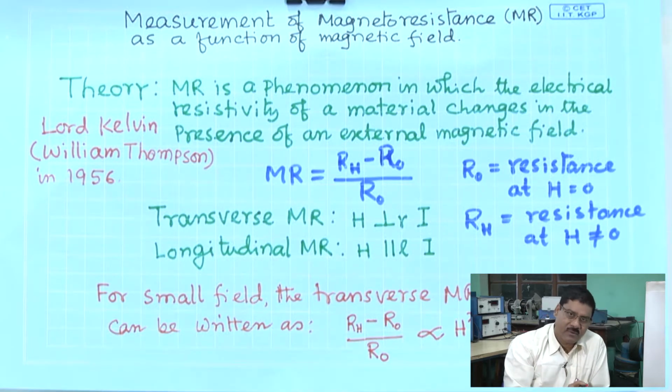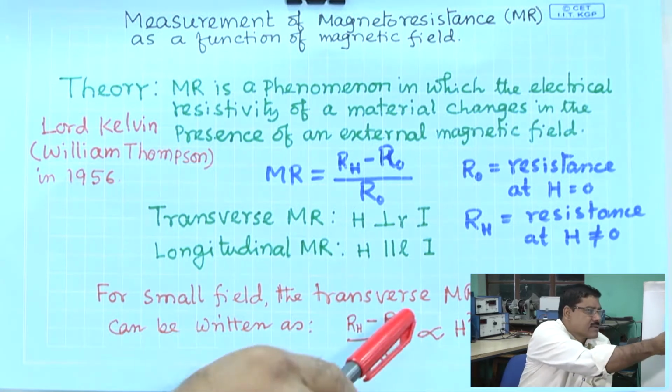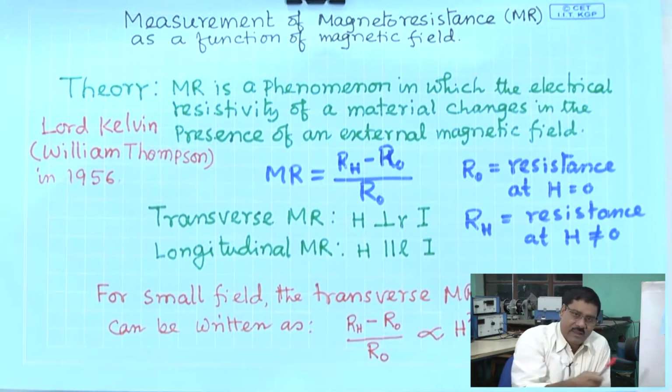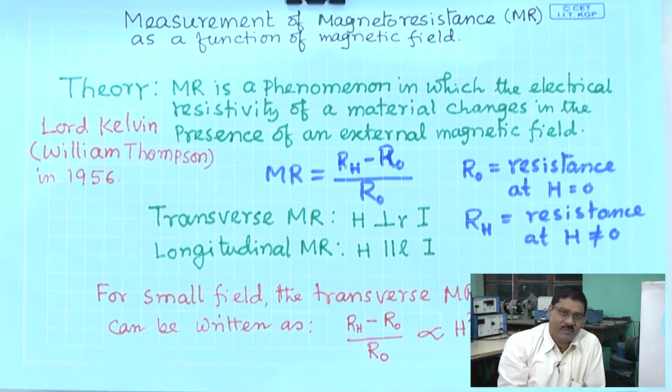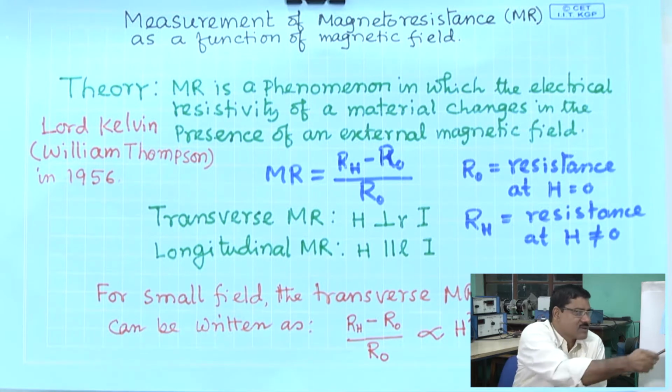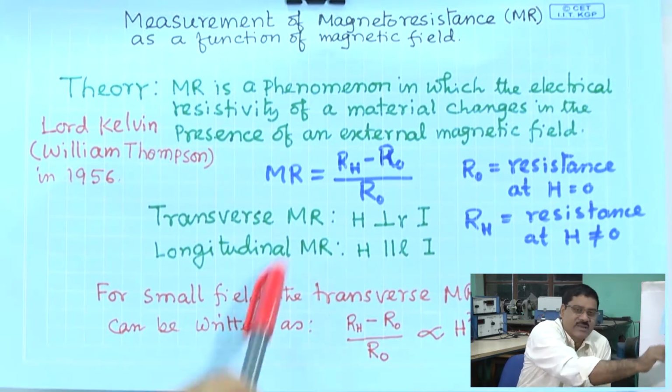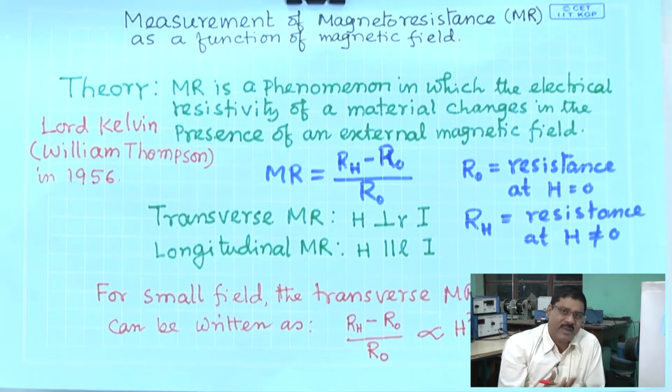So, that data we will get, whether we can fit it with this expression. That curve should be a parabolic curve, because it is a y equal to x square kind of expression. So, we are expecting that if we plot that graph, it should be parabolic.